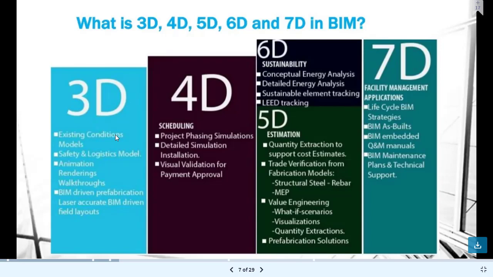And next, 4D. 4D is used for scheduling. Scheduling means project phasing simulations, detailed installation simulation, and visual validation for payment approval. Why do we use this scheduling?